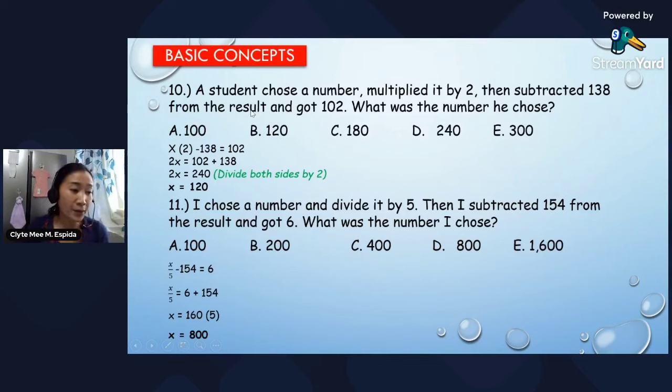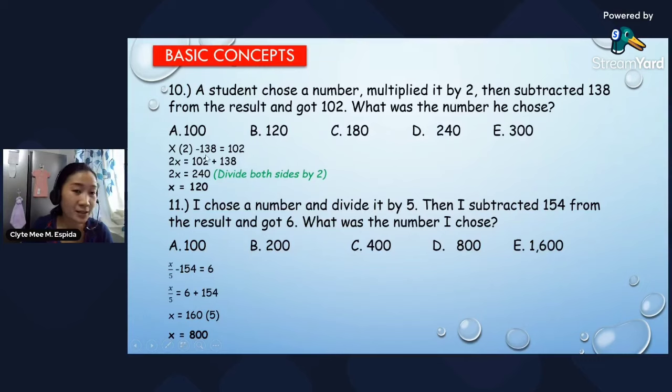So you choose a number, you let that number be x. So x, yung pinili mong number, multiplied by 2, then you subtracted 138 from the result, you got, that is equal, 102.